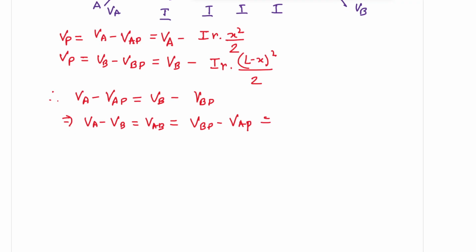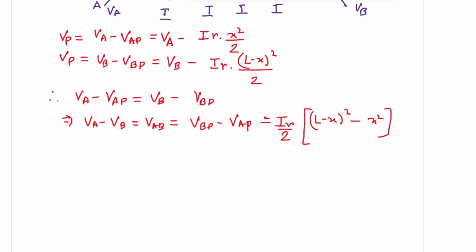Now let us solve. It will be I into R by 2, if you take common, then the first term is L minus x whole square minus x square.